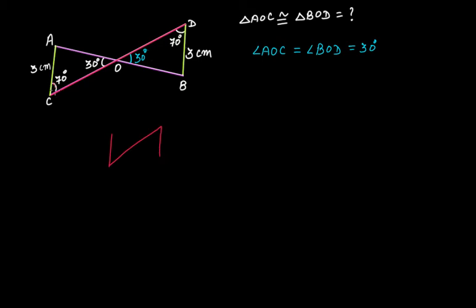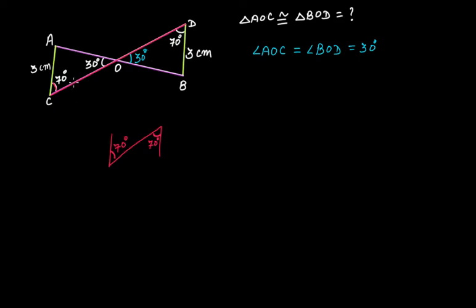Okay, this angle is 70 degrees and this angle is 70 degrees. Now clearly these two lines are being intersected by this transversal, and since these two angles are equal, it means that these two sides will be parallel to each other. Anyways, we'll not go into that. The main thing is that these two angles are actually equal.